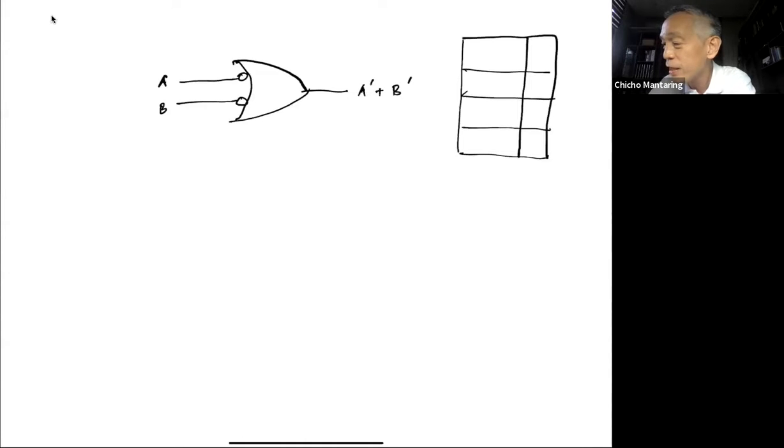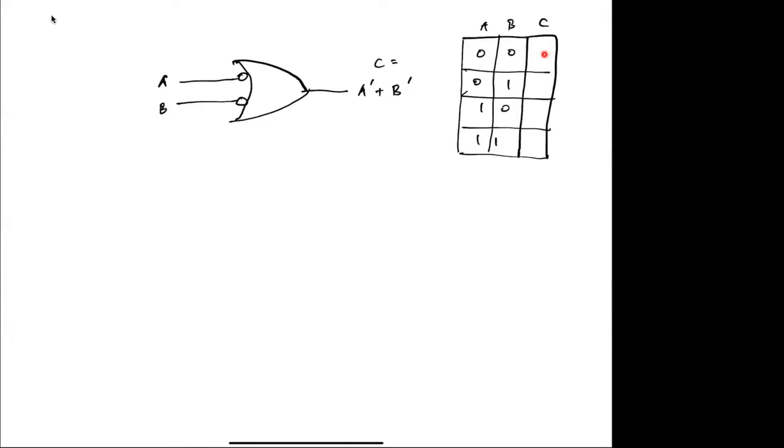So let's say this is A, D, B, and this is C, which is equal to A naught plus B naught. The inputs are 0, 0, 0, 1, 1, 0, 1, 1. What is C for the first combination? 1.